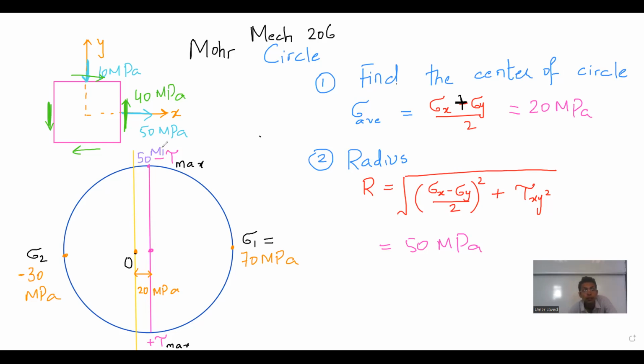What about 40 megapascal? 50. Where will we use the 40 megapascal? The one that is given in the question? Yeah. Good question. We will figure out in the next 5 minutes. That 40 megapascal, and that 50 megapascal and that 10 megapascal that is given in the question, right now you don't see it here.